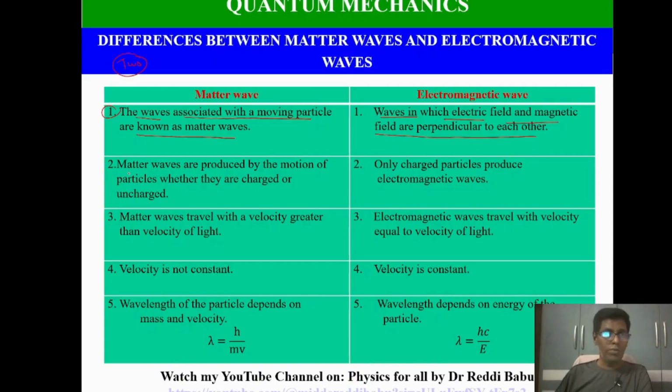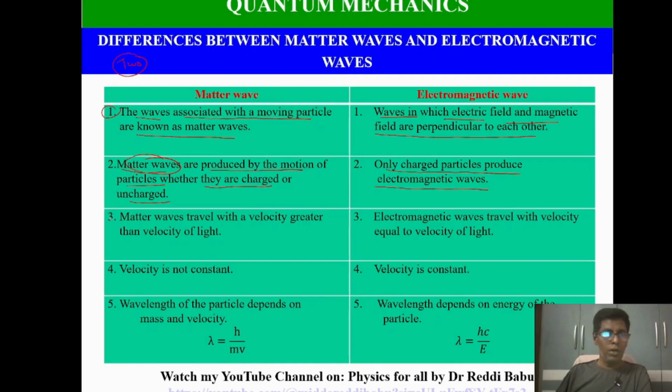Coming to the second difference, matter waves are produced by the motion of particles, whether they are charged or uncharged. That means whether the particles are charged or uncharged, we will observe the production of matter waves. Now, coming to the electromagnetic wave, a charged particle can produce only electromagnetic waves.